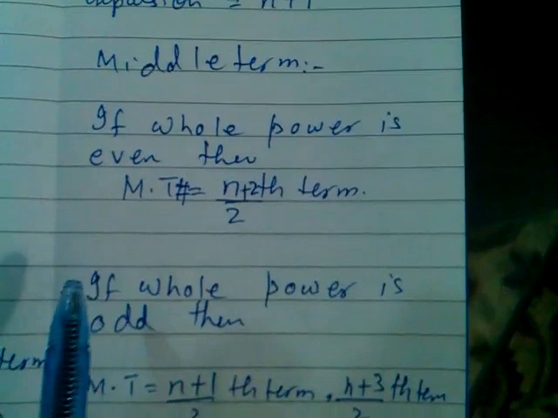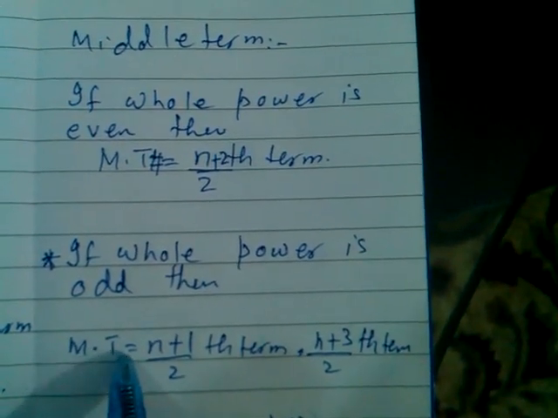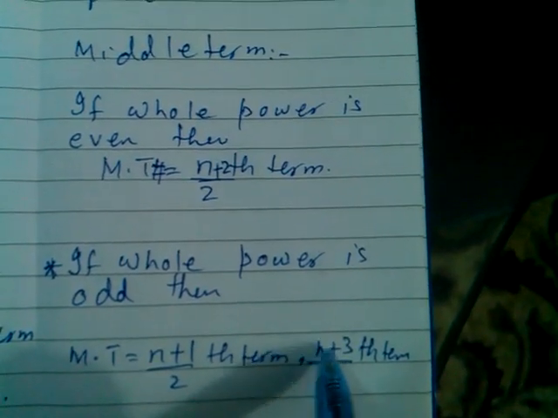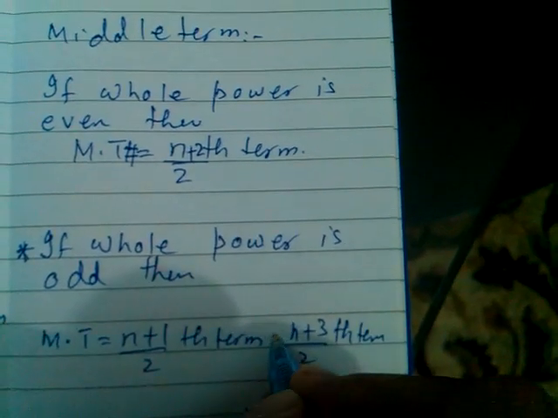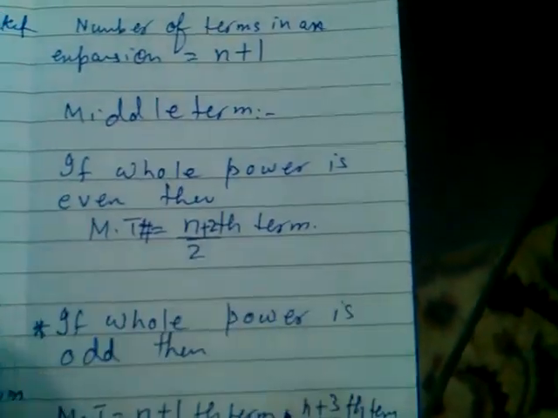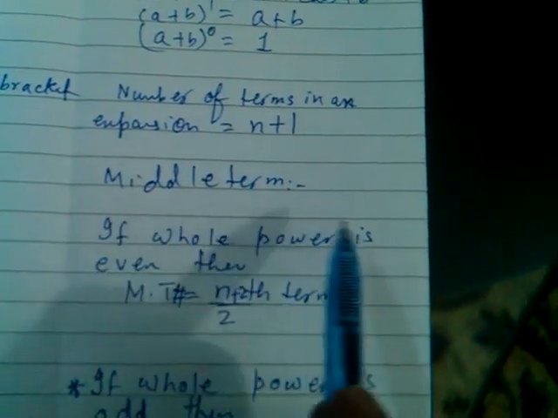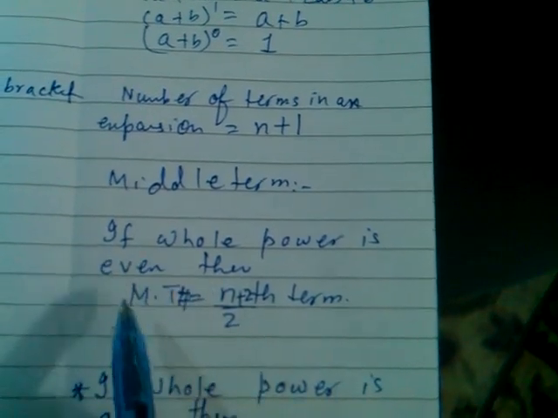If the whole power is odd, then I will use this formula: middle term number will be (n plus 1) upon 2 th term, comma, (n plus 3) over 2 th term. This will give us the middle term number. But in your book, in your papers, mostly they give the whole power as even when they ask to find the middle term.